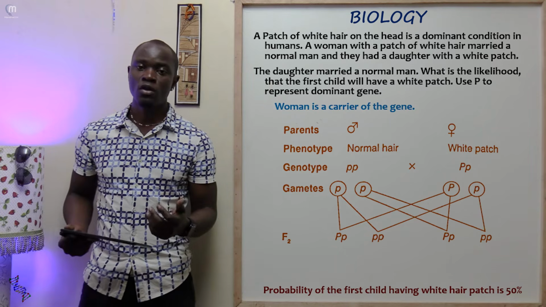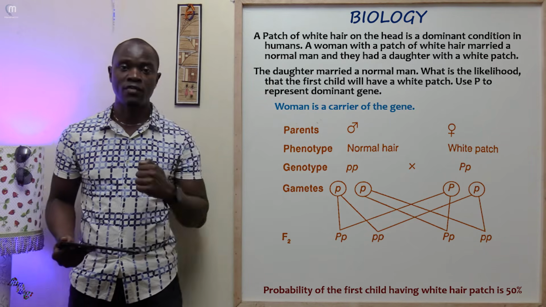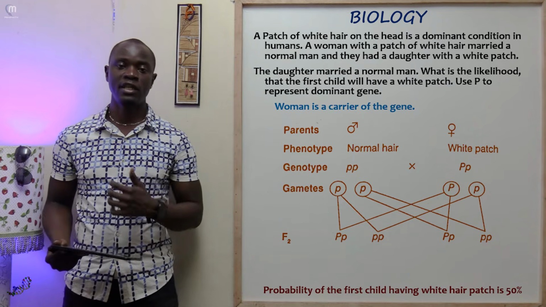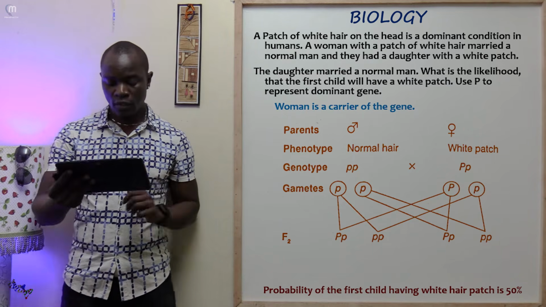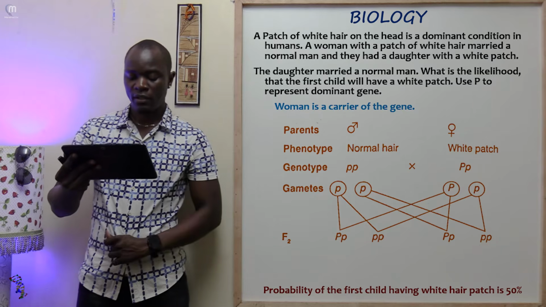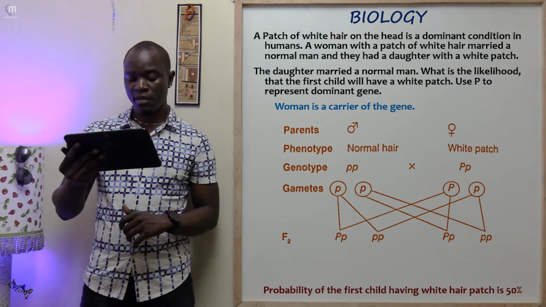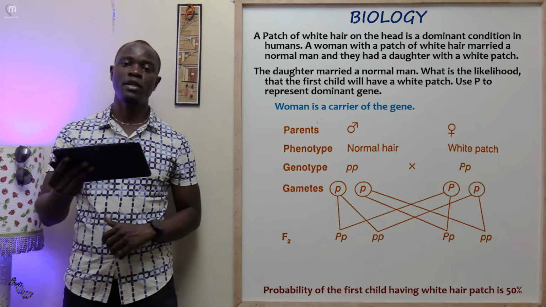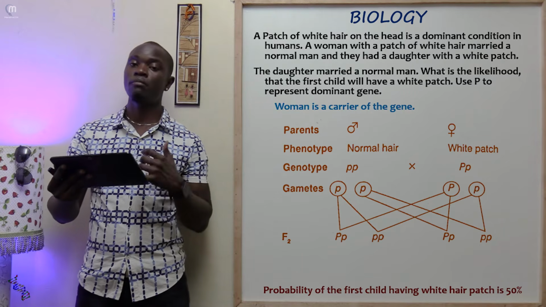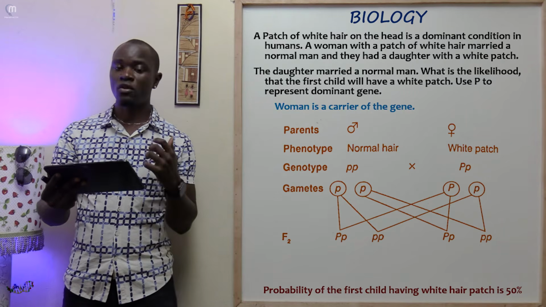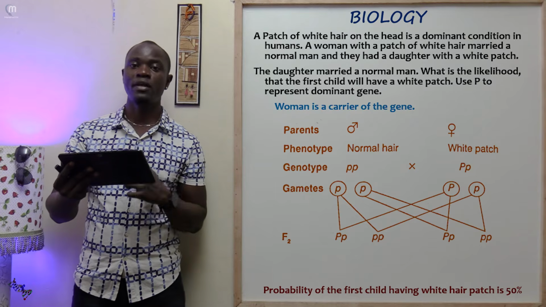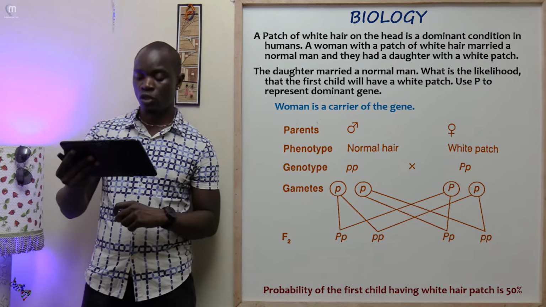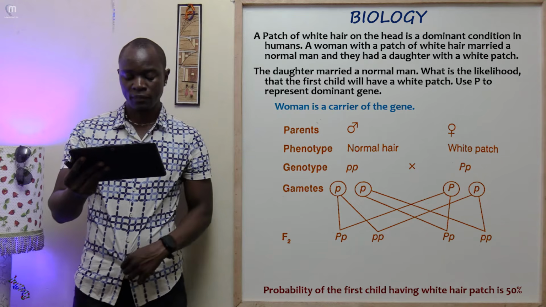After that, you follow up with the gametes. After the gametes, you show the F1 offspring from the genetic cross. Looking at the offspring, the first offspring should be a carrier, the second offspring should have the permanent white patch on the head, not a carrier, and the third one should also be a carrier, and the fourth offspring should be normal.